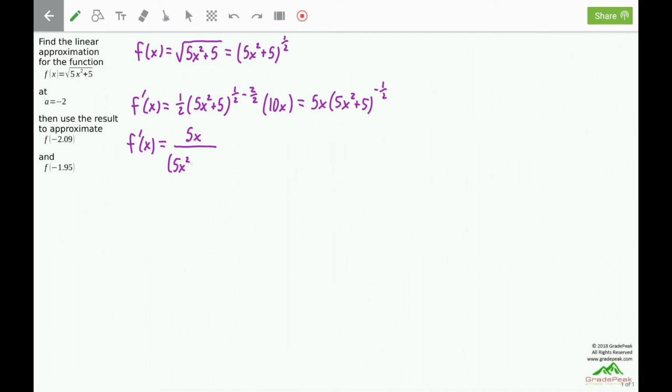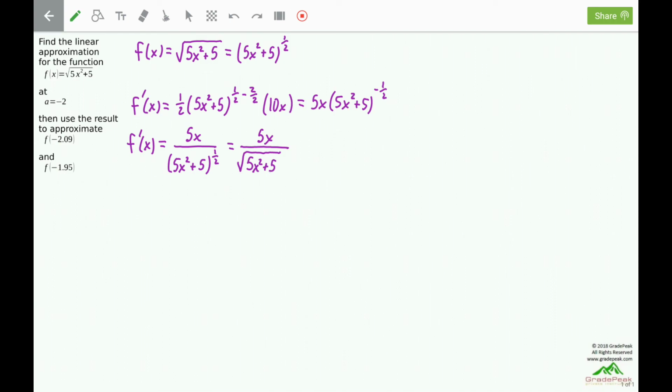And the 5x squared plus 5 can move to the denominator to become a positive 1/2 power. Positive 1/2 power is the same thing as square root to the first power. So square root of 5x squared plus 5.